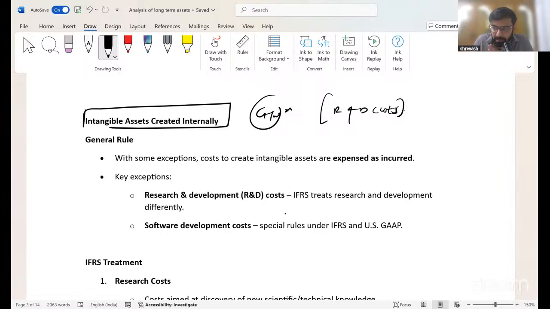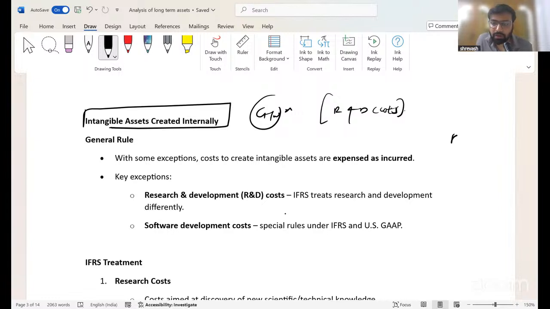I will start testing those medicines. I will start the clinical trials, phase one, phase two, phase three, stuff like that. Obviously, both the research phase of finding the formula and the development phase of making the medicine will require a certain amount of cost.